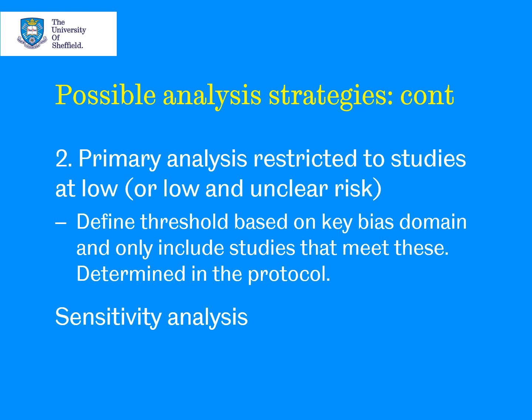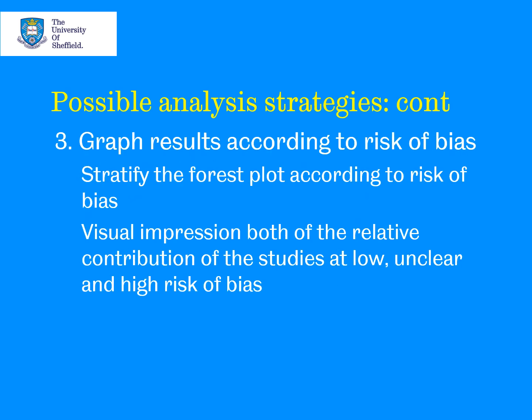We can restrict to studies that have a low risk of bias, so that our results are based on the sounder studies, and we do what's called a sensitivity analysis, and we can actually do that for qualitative studies as well, to see the extent to which good quality studies and poor quality studies influence the overall results.